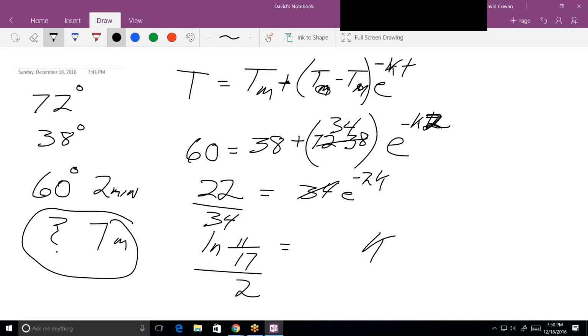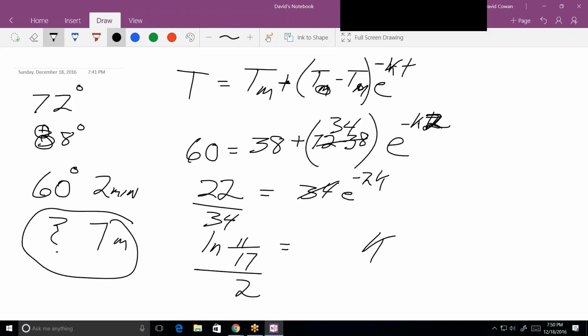In other words, whenever you have a negative up here, you know you either have exponential decay or you have Newton's law of cooling. You know it's not Newton's law of heating, right? Right. Interesting. I wonder if Newton's law of heating actually applies. Let's say the medium is not 38 degrees, but 88 degrees.